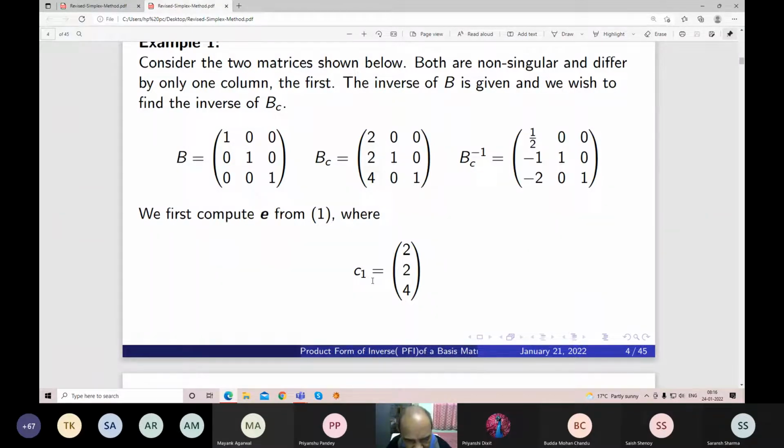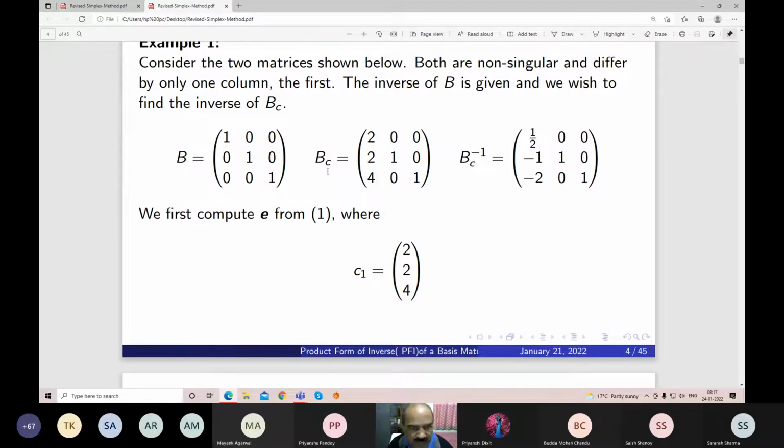With respect to C1, we'll compute B inverse into C. B is an identity matrix. The special property says B inverse is also an identity matrix.